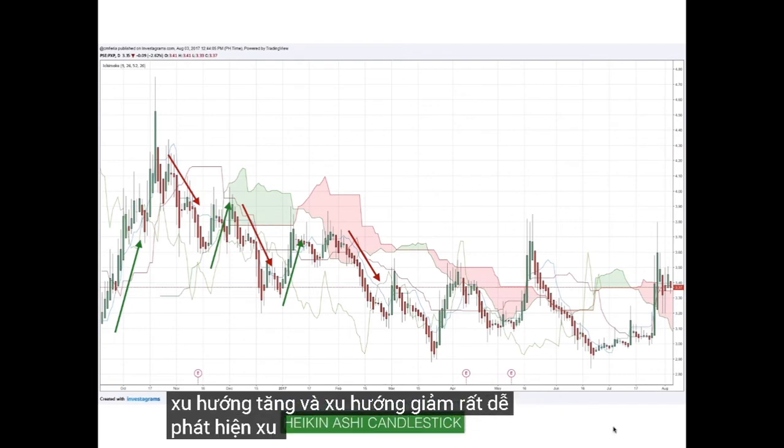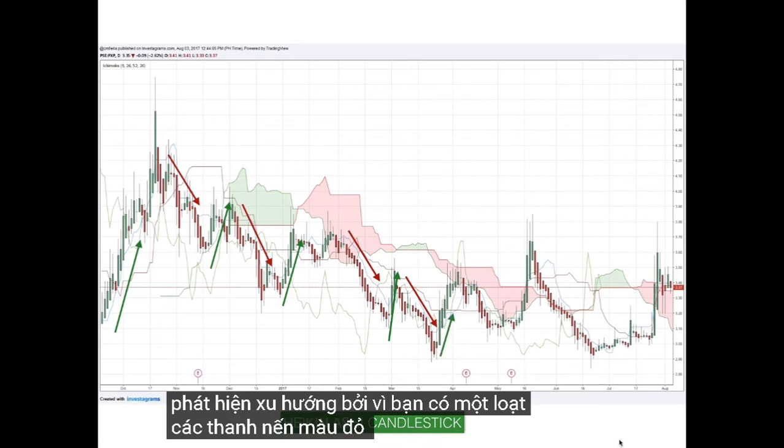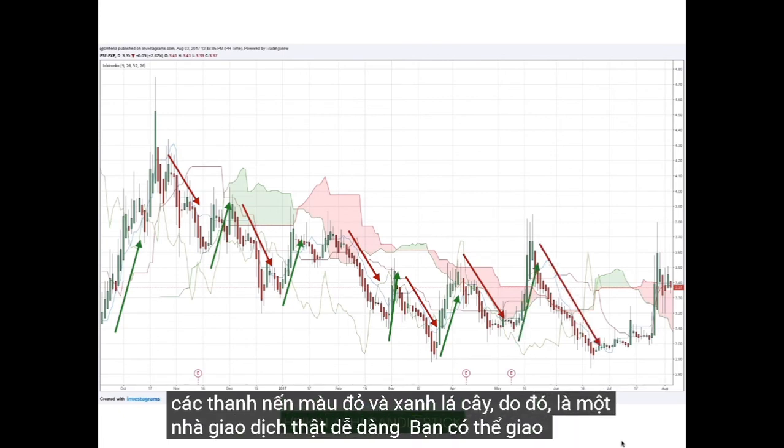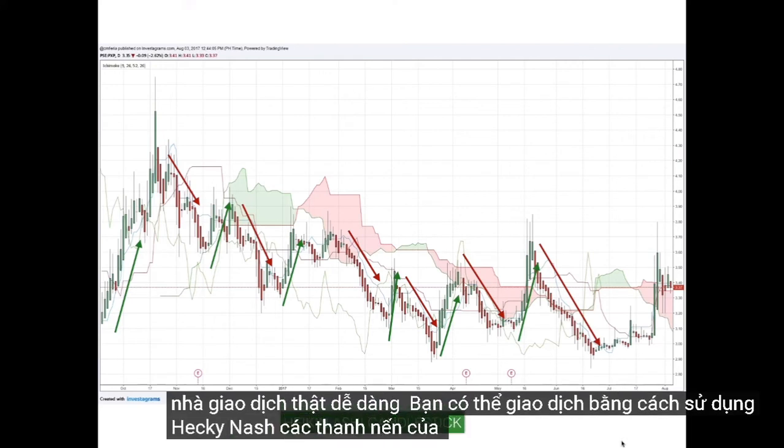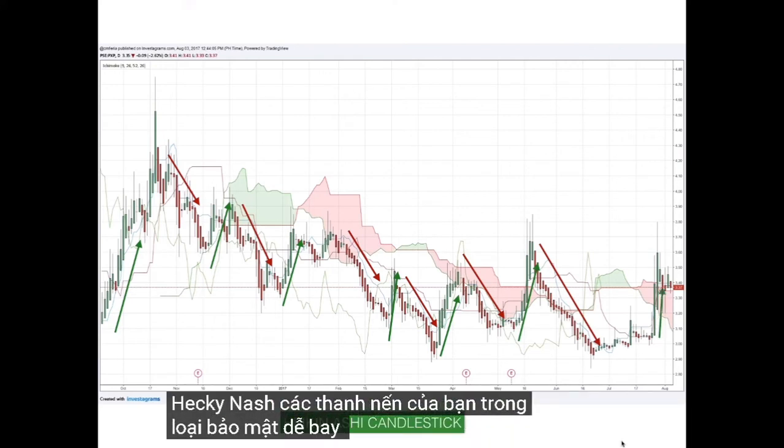It's easy to spot the trend because you have a series of red and green candlesticks. So as a trader, it's easy for you to trade using Heikin Ashi candlesticks in this kind of volatile security.